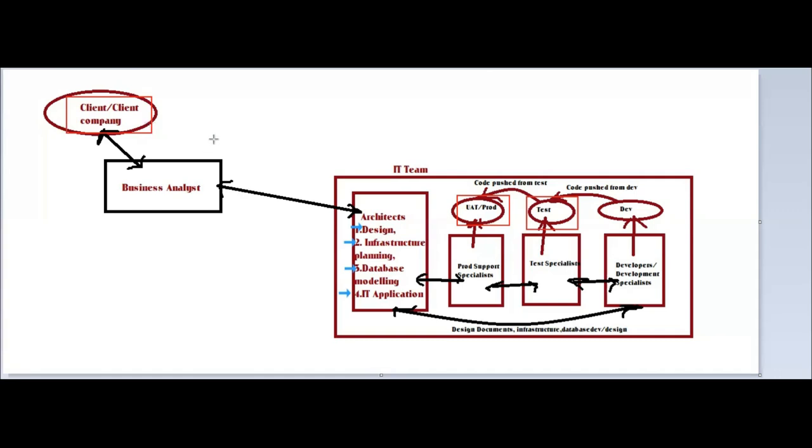This is the complete understanding of how it works as an SDLC life cycle, in a very generic way. Now let's see the difference between the front end and the backend team.